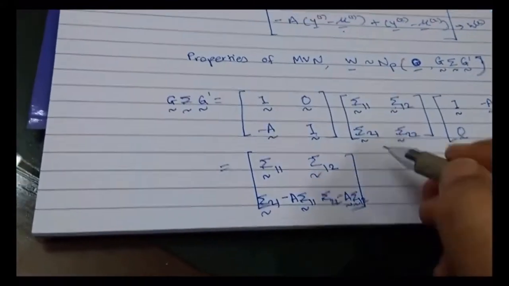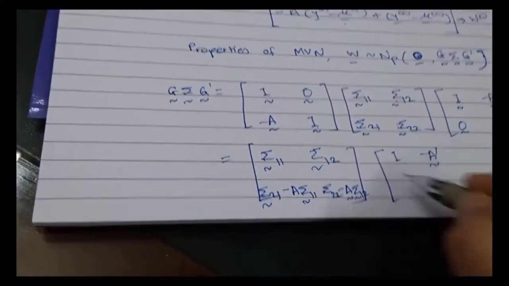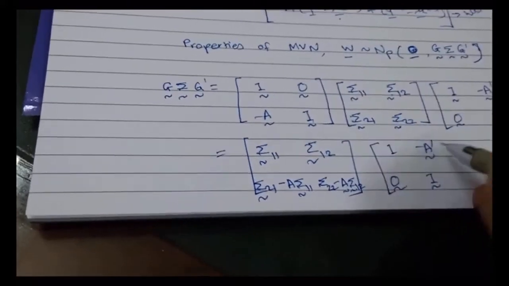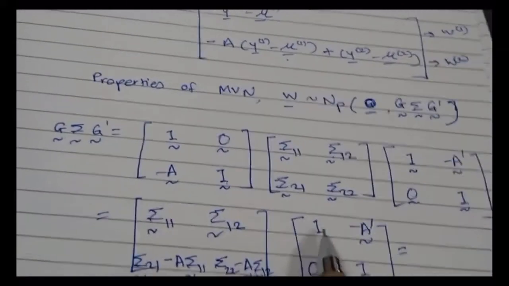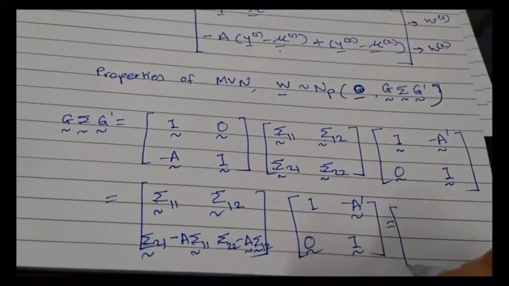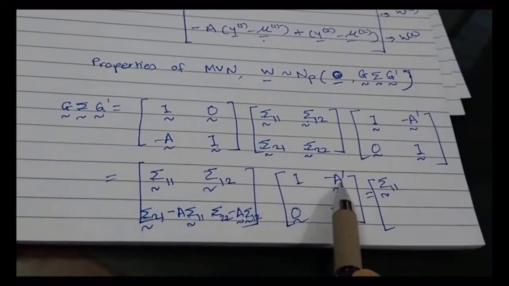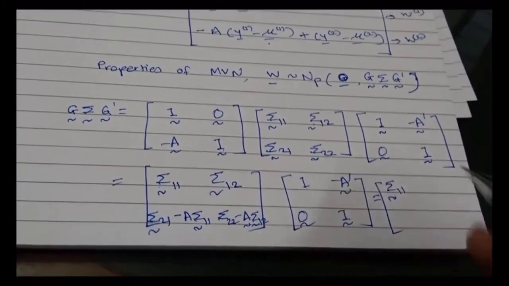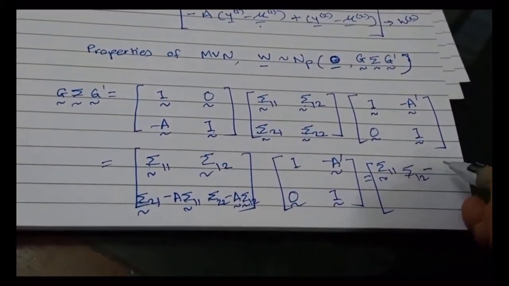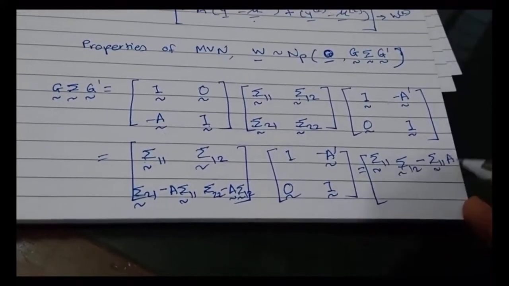So minus A sigma 1 2, and this is I, minus A prime, 0, I. So what do I get? Sigma 1 1 into I, sigma 1 2 into 0. So I still have sigma 1 1 here. Then sigma 1 1 times minus A prime, sigma 1 2 into I. So sigma 1 2 minus sigma 1 1 A prime.